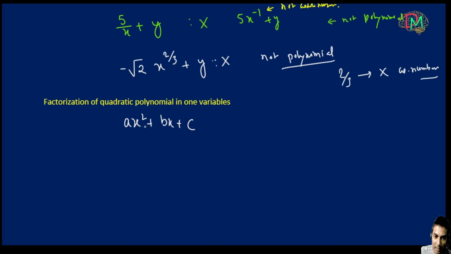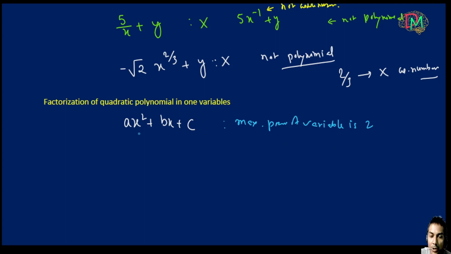Because the maximum power of the variable x is 2, that is the reason it is quadratic.